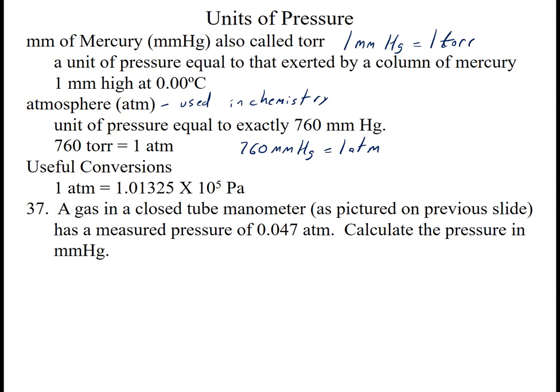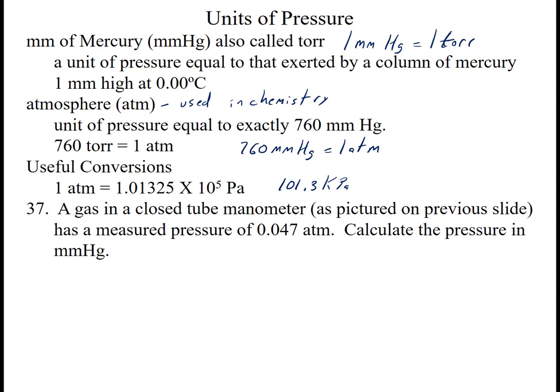Also, we talked about the SI unit being pascals. 1 atmosphere is 1.01 times 10 to the 5th pascals, or 101.3 kilopascals, which is a common conversion. We're not going to be doing much with pascals or kilopascals in this class. We are going to be using millimeters of mercury, torr, and atmospheres.